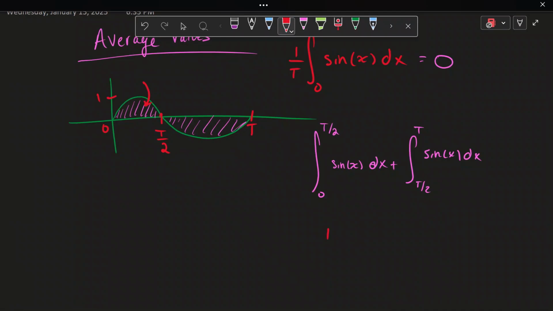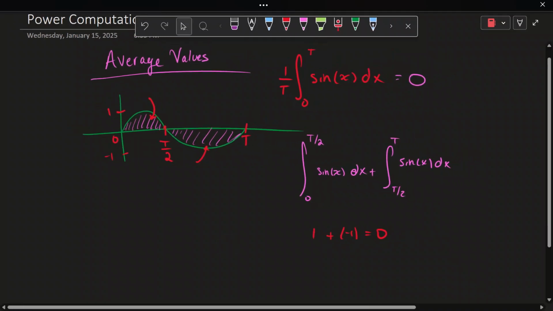There's an area of 1. But then we go to the negative side. This is still negative 1, so it's going to be minus 1. It's going to be 0. So for a sinusoidal periodic waveform, the average value of it will be 0.